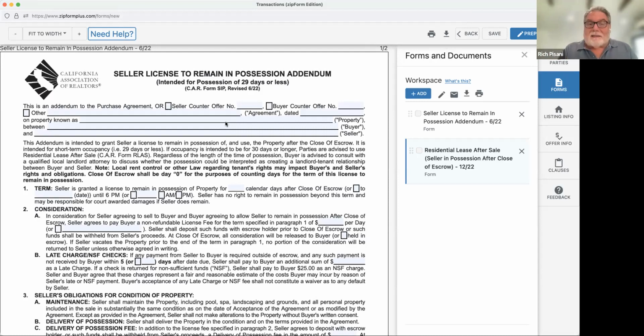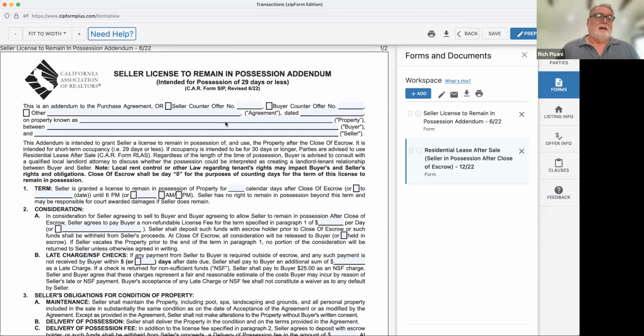Seller license to remain in possession. It's called that for a reason, because you don't want to establish a lease. So it is a license to remain in the property, and it is intended, says it right on the form, for possession of 29 days or less.